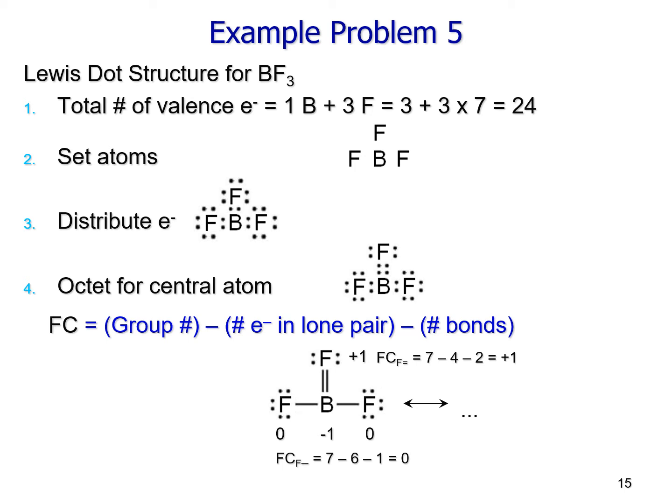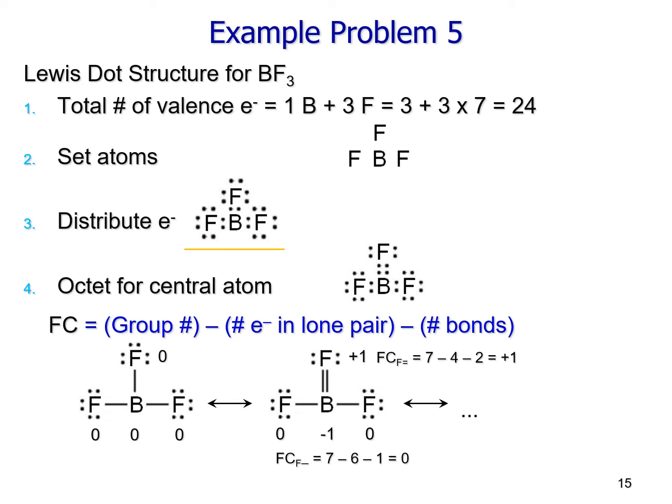Well, one way for us to approach this is to look back at this structure. We understand the boron does not have an octet yet, but let's simply check the formal charges of this structure. Remember, the single bonded fluorine has a formal charge of 0. So we have 3 out of 4 bonding atoms with a 0 formal charge. Boron, 0 as well.